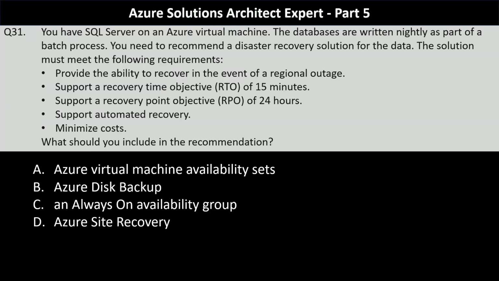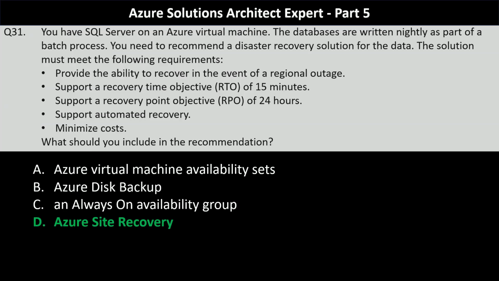Friends, the right Azure service for this use case would be option D, Azure Site Recovery. Whenever there are such questions which are very data driven and it's not possible to remember everything, apply the elimination approach. The first option, availability sets, only ensures that VMs within the same region are spread across different fault domains and update domains.